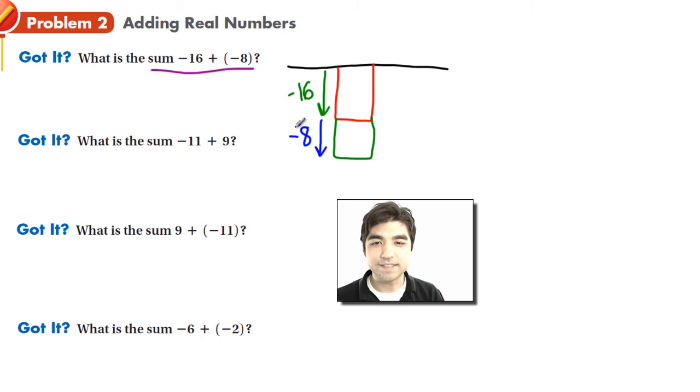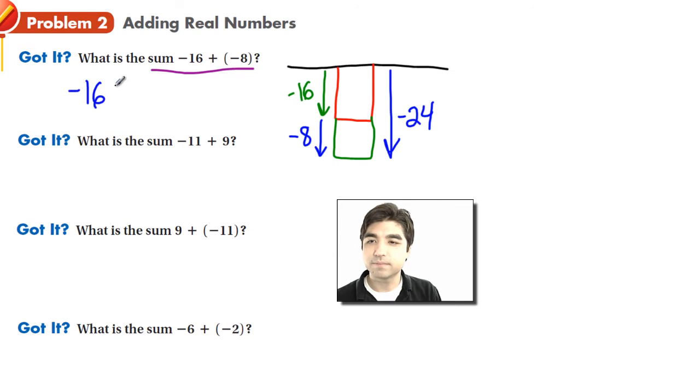Well, it's negative 16 minus 8. That would be negative 24. So this hole would be negative 24 feet in total. So negative 16 plus negative 8 equals negative 24.